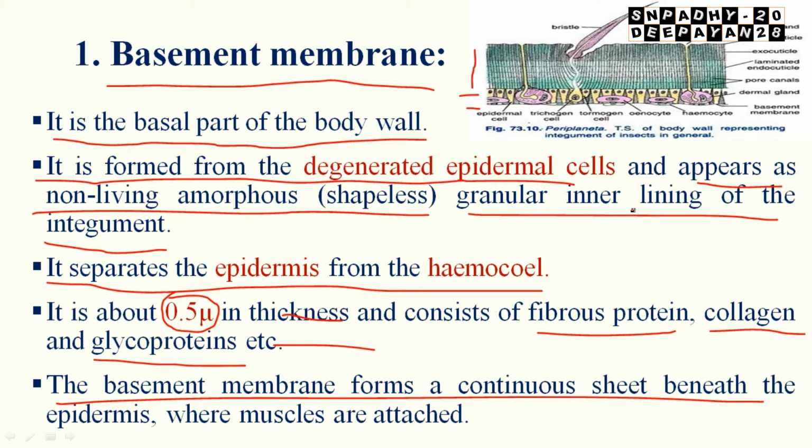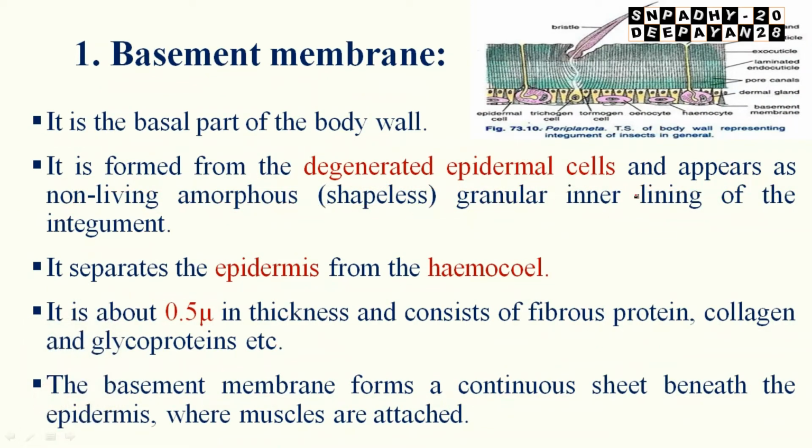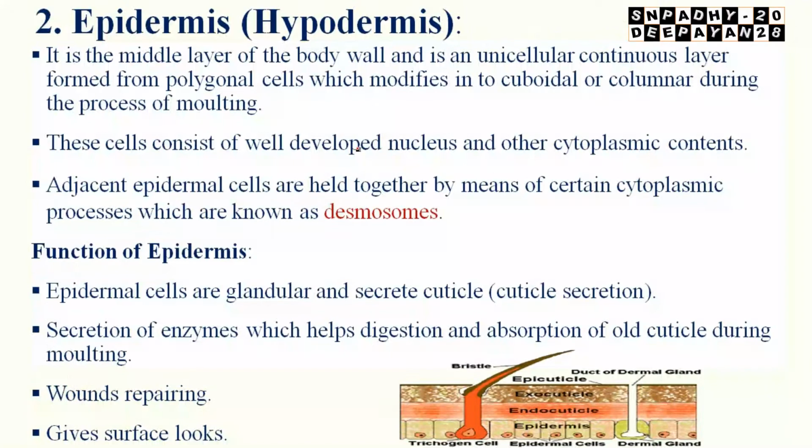So this much you have to understand. These other points are not that much of importance, but the degenerated epidermal cell is important. Derived from which cells? Degenerated epidermal cells. Try to note down these red color letters and words, these are important. It may come as short questions.